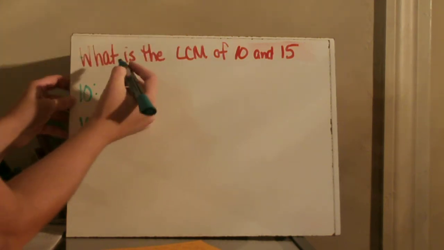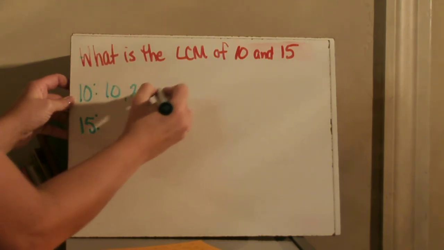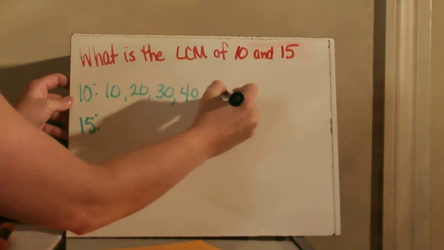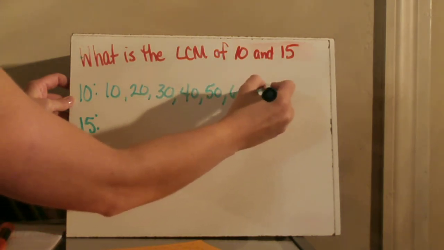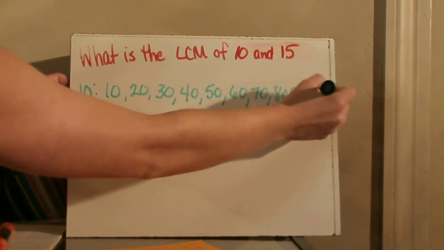The first 10 multiples of 10 are 10, 20, 30, 40, 50, 60, 70, 80, 90, 100.